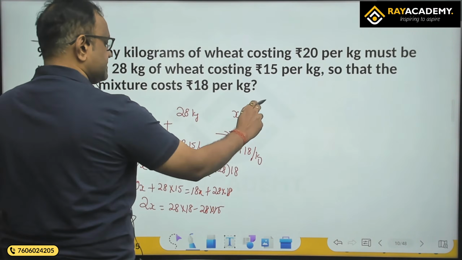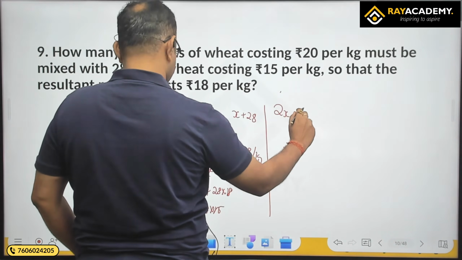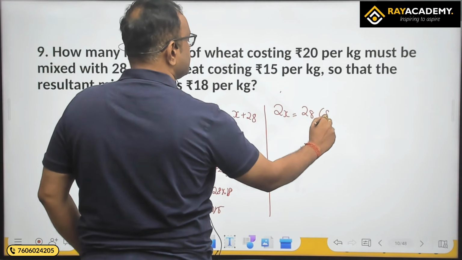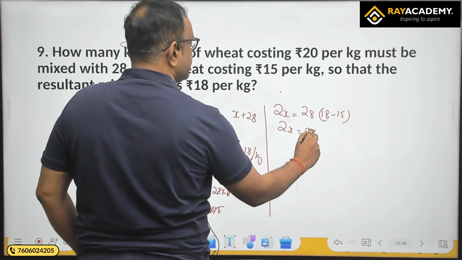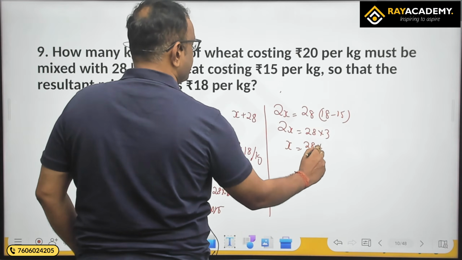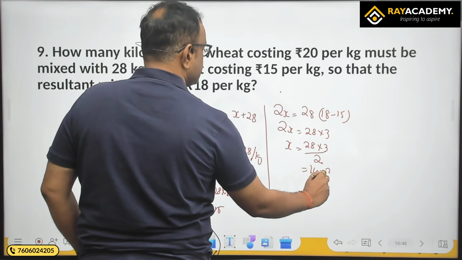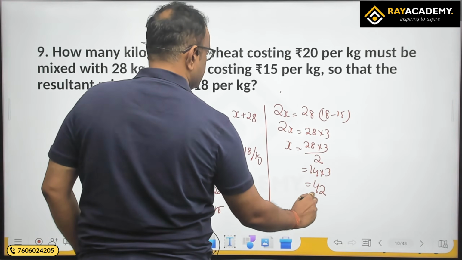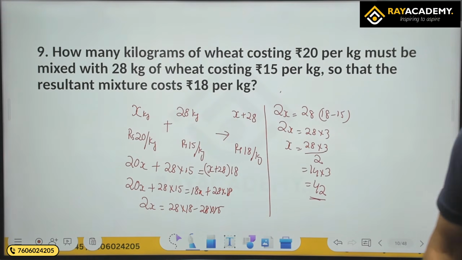Now you can write here 2x equals 28 into 18 minus 15. So 2x equals 28 multiplied with 3. X is 28 multiplied with 3 divided by 2. That is 14 into 3. So this becomes 42. So initially there were 42 kgs of wheat. This is the simple calculation you can do.